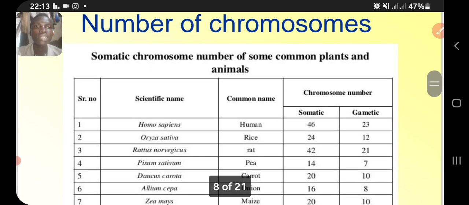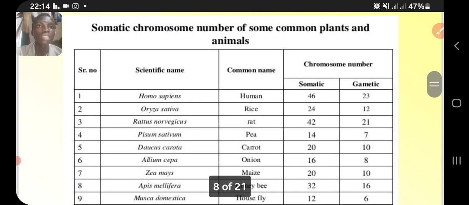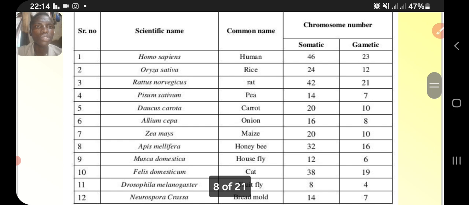So this is a table showing the different numbers of chromosomes found in somatic cells or tissues. Also we have Homo sapiens, the humans. Their somatic chromosome number is 46, while in the gametes they have 23 chromosomes.